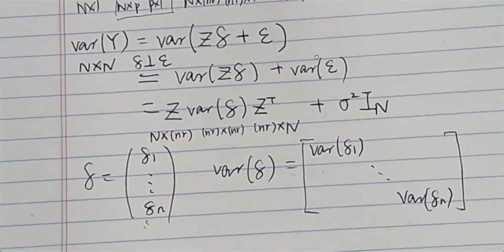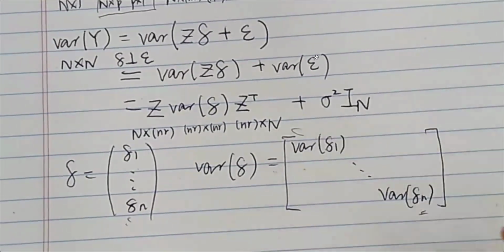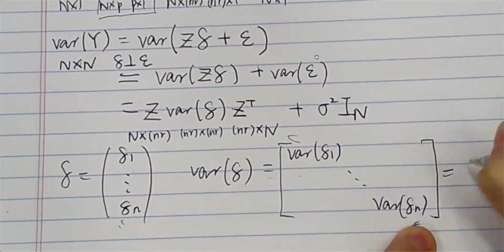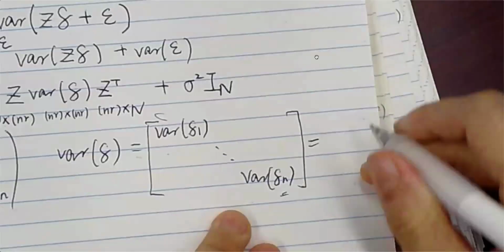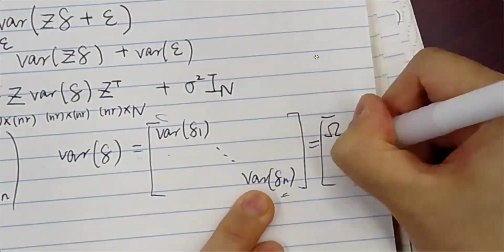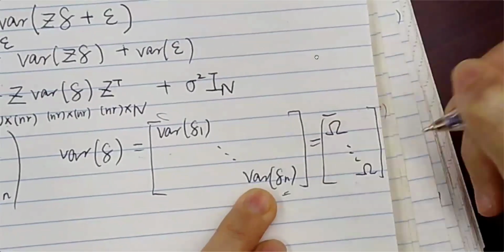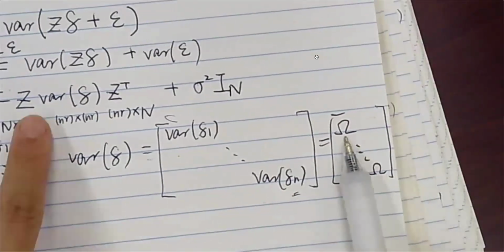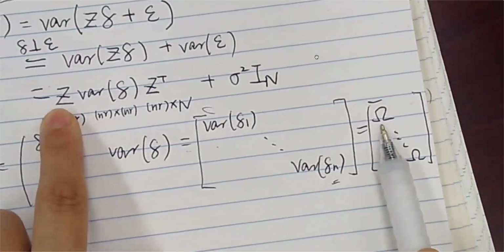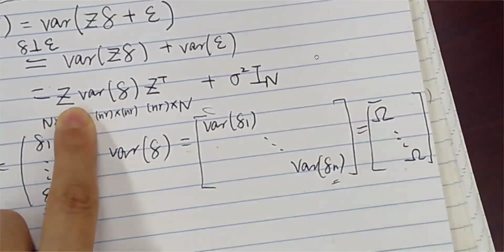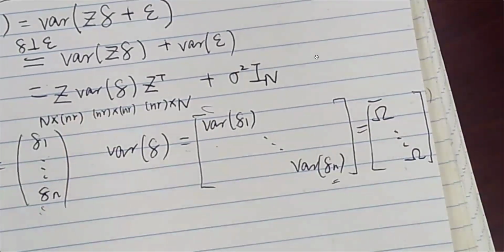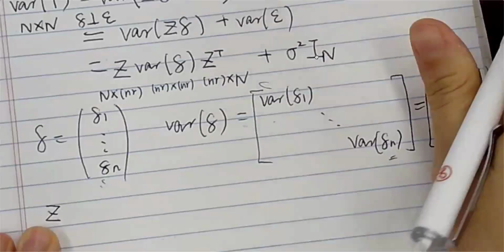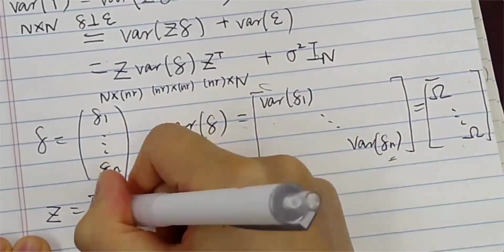They share the same covariance matrix omega, which is R by R, so it's omega, omega, up to n times along the diagonal. And we have Z stacked as Z1 to Zn, block diagonal stacked. Remember this is how we do the stacking.